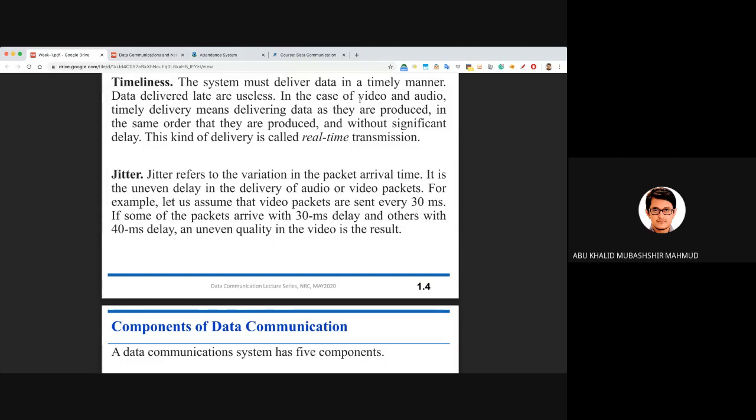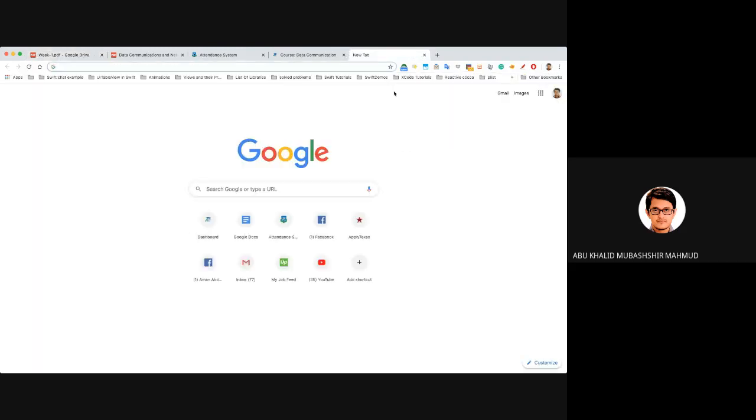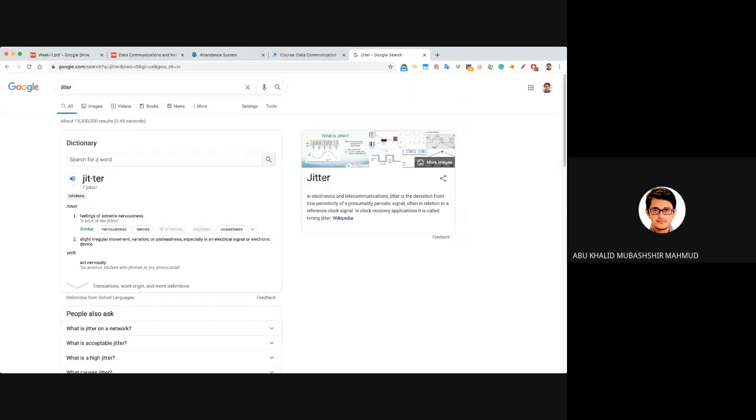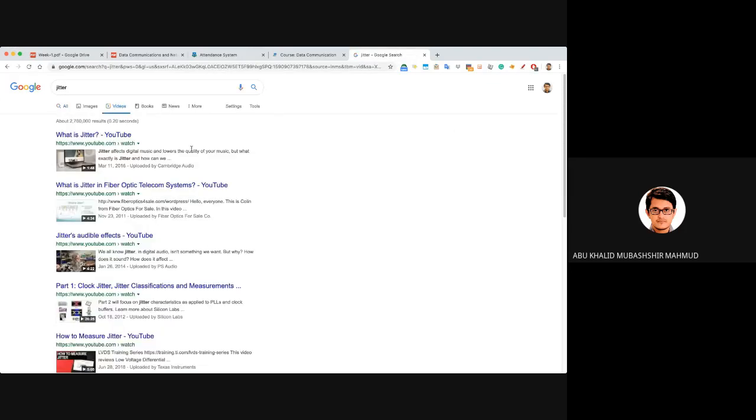If some of the packets arrive with 30 milliseconds delay and others with 40 milliseconds delay, an uneven quality in the video is the result. Now, if we go and search jitter in Google, and let's say we get to see a video in YouTube.